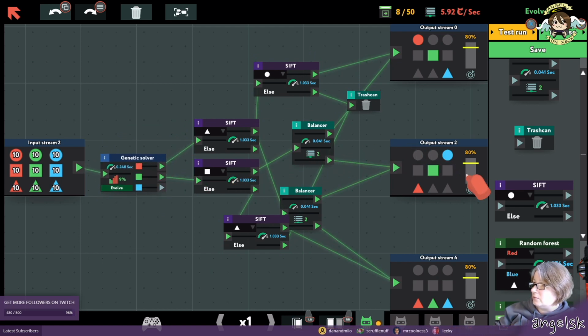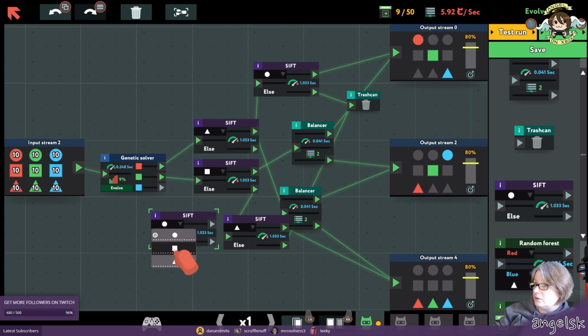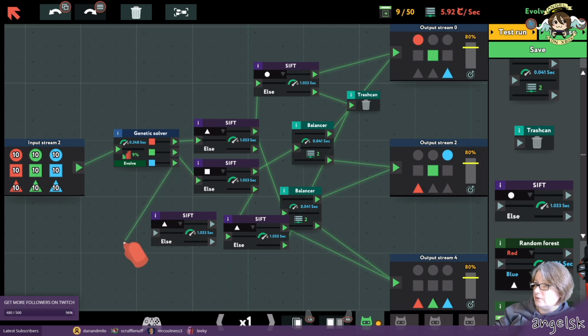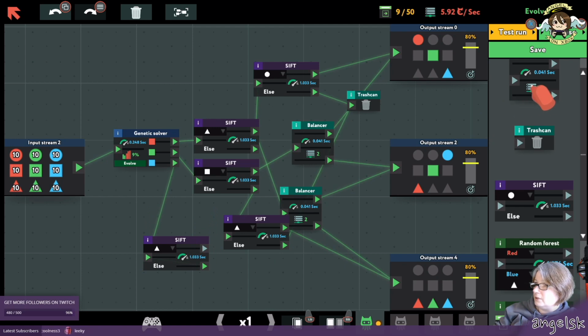Okay, so then we're going to sift blue triangle. Oops. Need to move that to there. And then blue triangle is kind of low bounce.